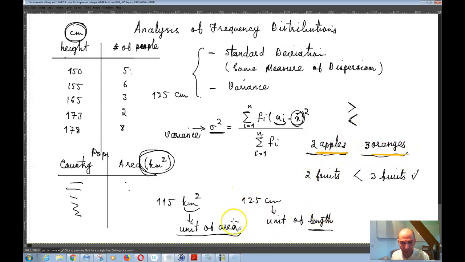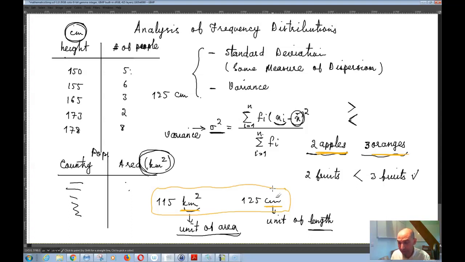And we have the same problem here. The unit here is square kilometers, here the unit is centimeters. So you cannot simply decide what to do with the data that I have here. Here I have 115 square kilometers, here I have 125 centimeters. Which dispersion is more, which dispersion is less?